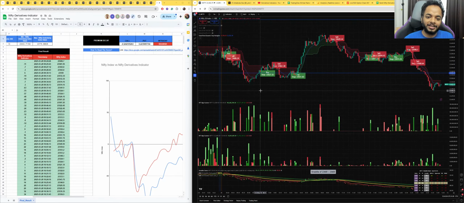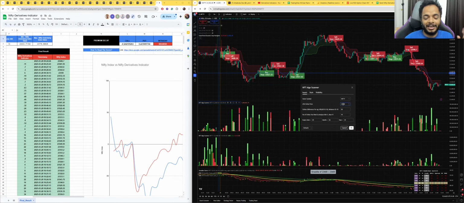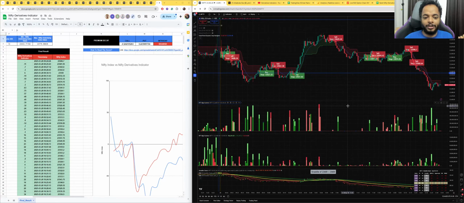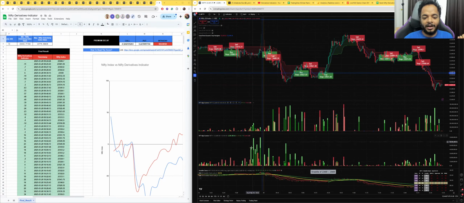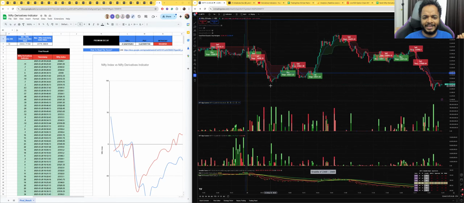The huge amount is mainly spent in writing, so that's why we mainly go with put writing. Even if you go for 23,600, in the money, mostly they were doing put writing. I think they did put writing here, and then they were averaging out their positions here. Right at the bottom, as you can see, the huge put writing started.